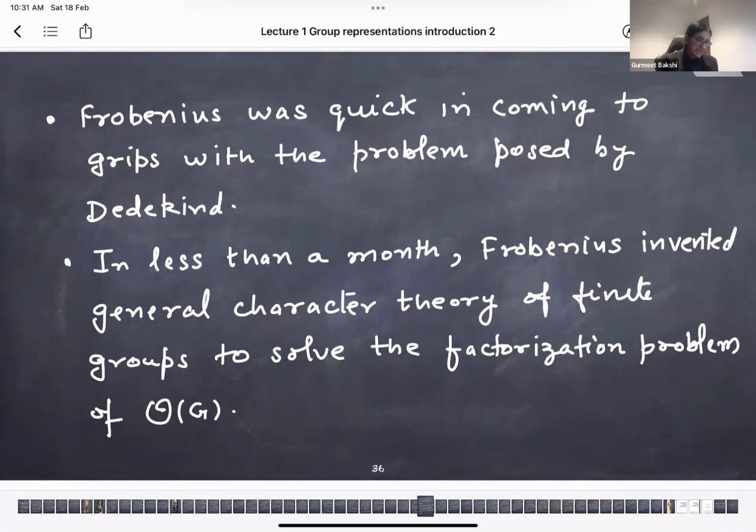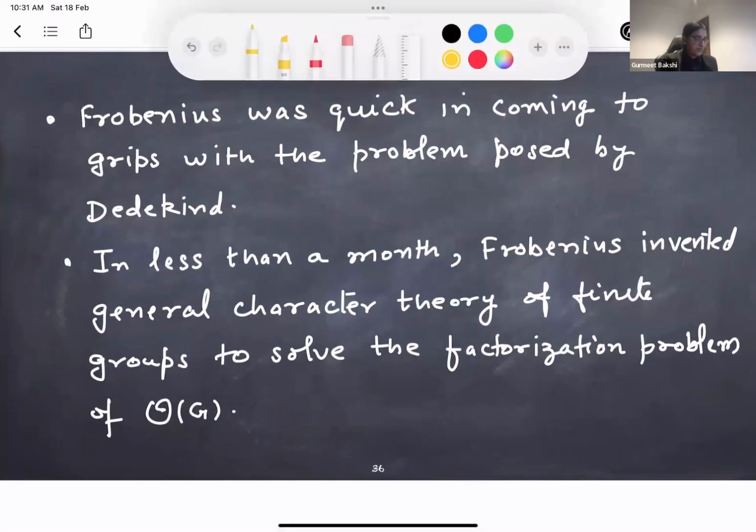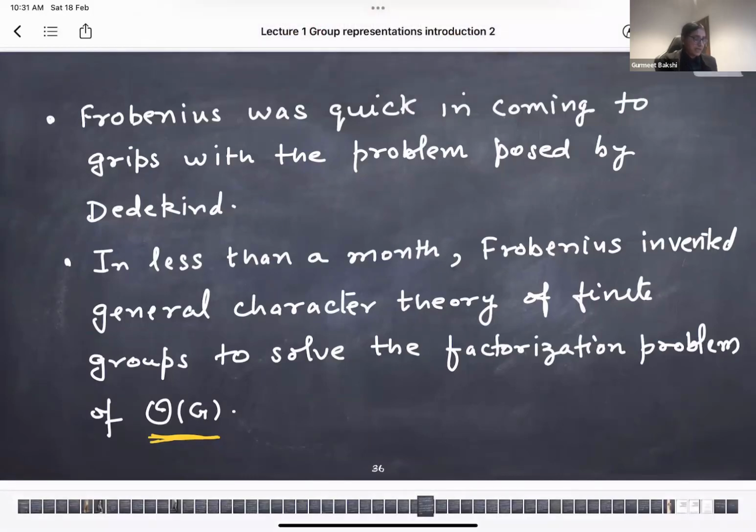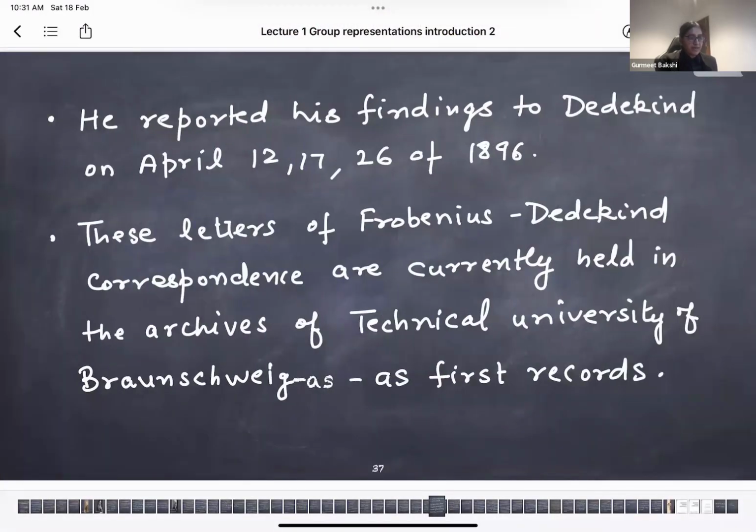In less than a month, Frobenius invented the general character theory of finite groups to solve the factorization problem of this theta G. He had a very good answer, which he gave. He reported his findings to Dedekind on April 12th, 17th, and 26th of 1896.